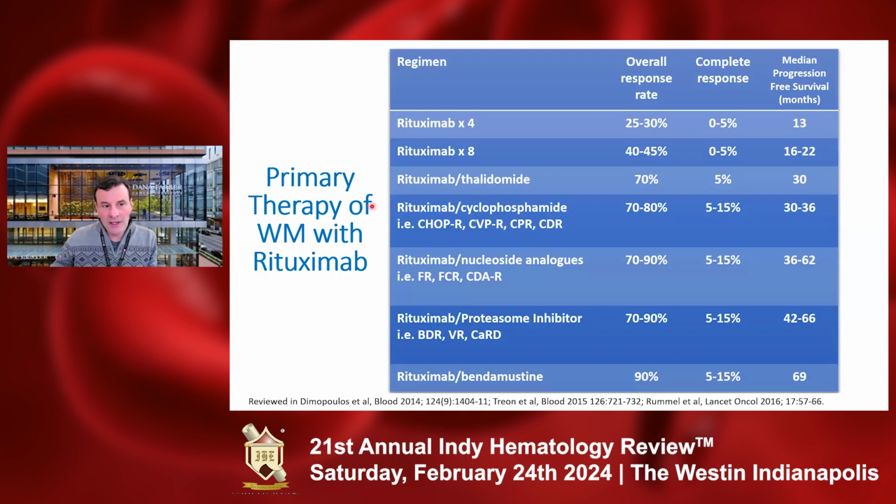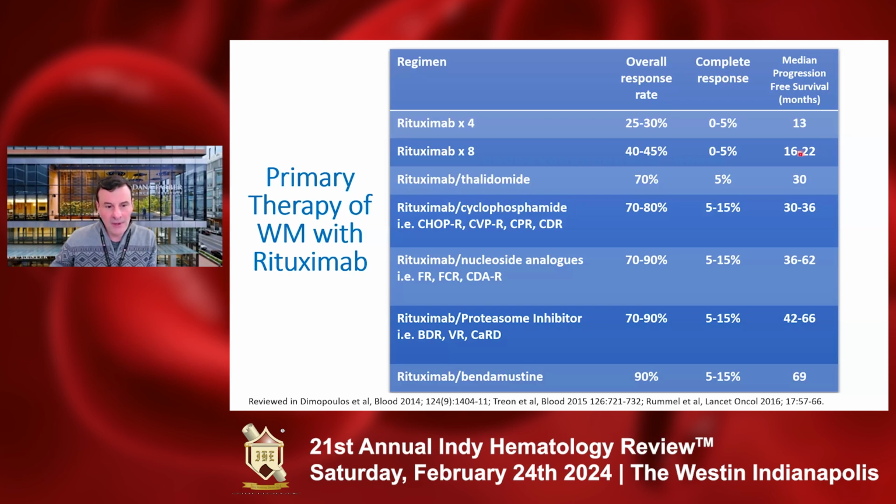Now, primarily we've used rituximab-based therapy to treat Waldenstrom's. With rituximab alone, which is a monoclonal antibody, you see responses in about 20 to 40% of patients. You almost never see complete responses, and the benefit lasts somewhere between a year and a year and a half.